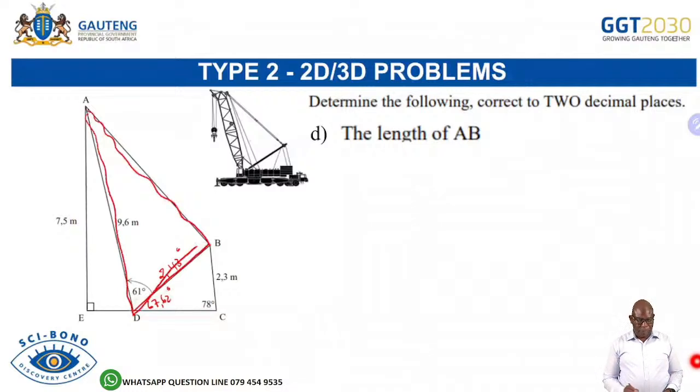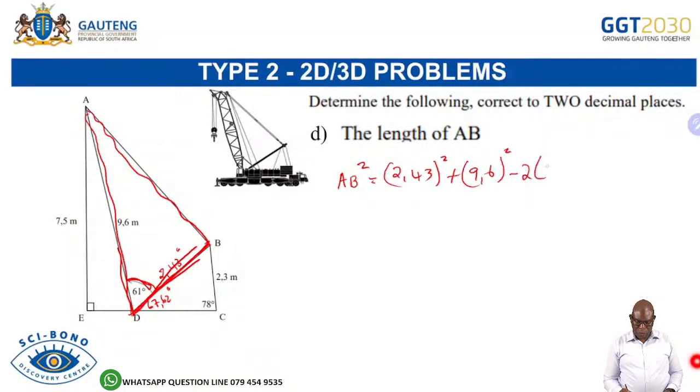Right, so now for AB, I'm going to say AB squared. I'm going to use the cosine rule. Why? Because I've got this side and that side and the included angle. Can you see? Then AB squared will be equal to 2.43, which is this side, squared, plus 9.6 squared, minus 2 times 2.43 times 9.6 times cos of the angle.